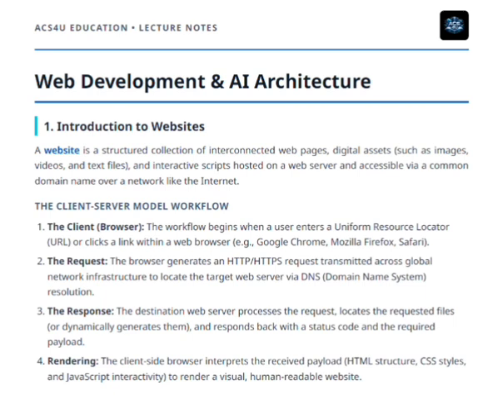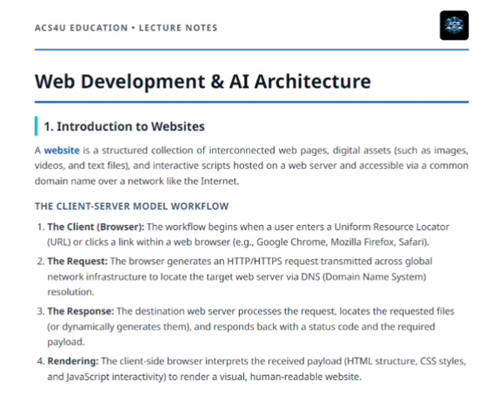The next one, the request. The browser generates an HTTP or HTTPS request transmitted across the global network infrastructure to locate the target web server via DNS resolution. Next one, the response. The destination web server processes the request, locates the requested files, dynamically generates them and responds back with the status code and the required payload.